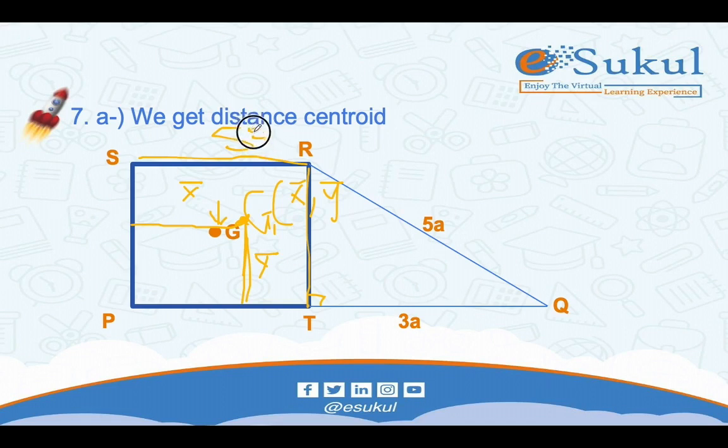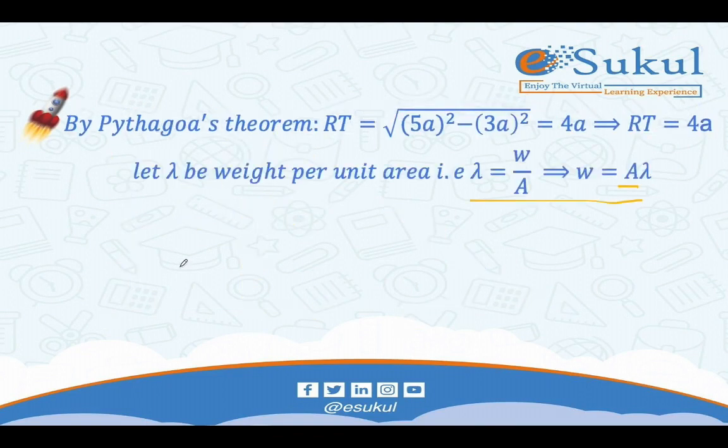Having it as 5A, it means that the division is equally distributed. So we have 5A on 2 and 5A on 2. Therefore, the distance that the square lamina will make with PS will be 5A on 2, as you can see here.